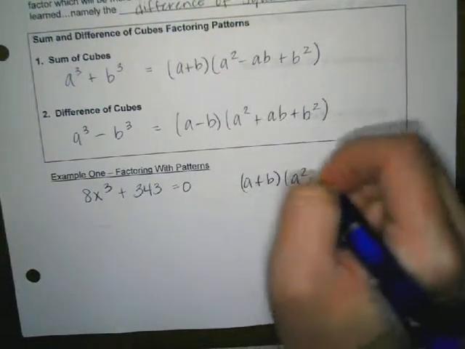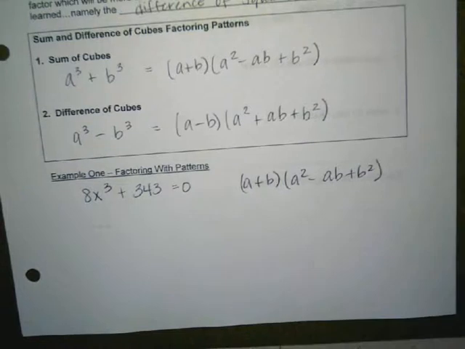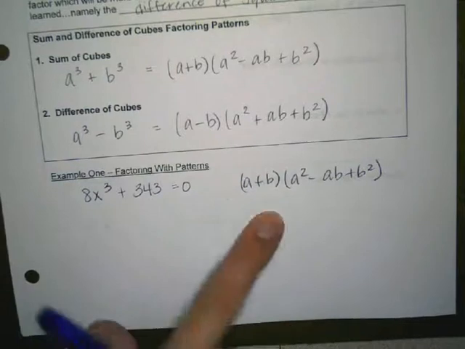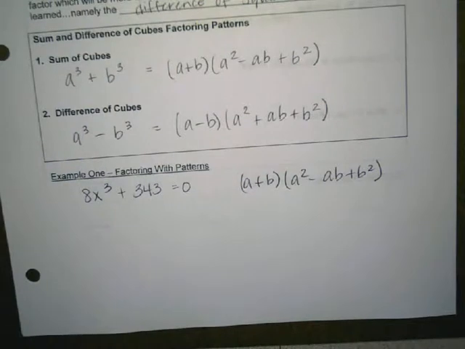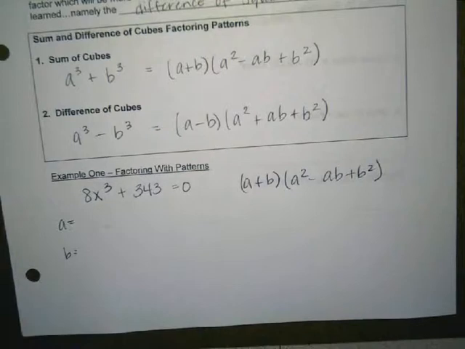So my suggestion is, until you have them memorized, that you write it down every single time you do a problem. So even though it's right there above it, I'm going to write it down again, because that's the pattern I'm going to be using. And then I always write what my A and my B are off to the side there. A and B are the cube root of both those terms.